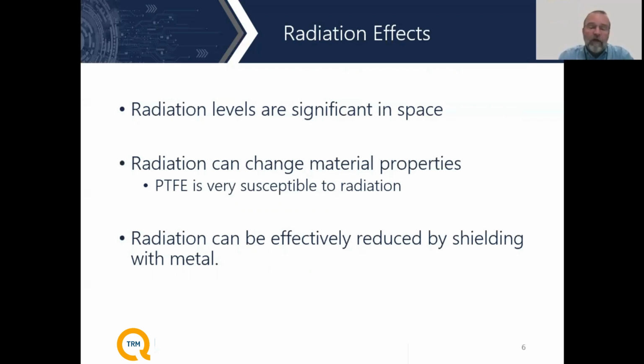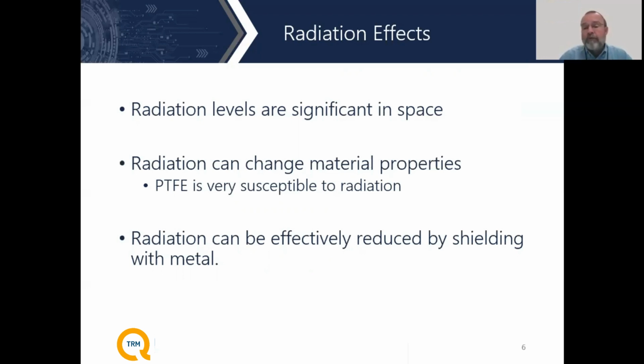really quite effectively by making sure that there's enough shielding around the Teflon so that the radiation doesn't hit the Teflon directly. These are things that we look at as far as cover thicknesses, other housing thicknesses, and other things around the Teflon to make sure that the radiation actually doesn't reach it.